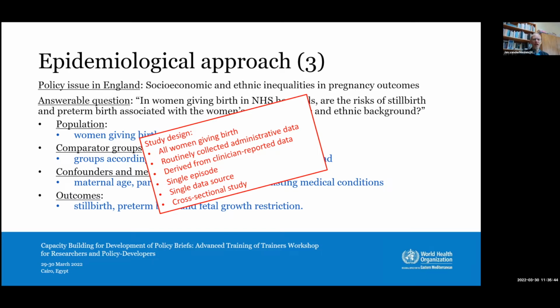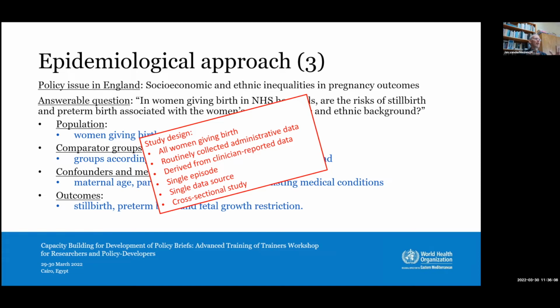So in other words, the question, the data, and the study design need to be brought together. And very often what we see is that a particular policy issue can't be immediately answered, but you can say, if we turn it slightly upside down, or we change the policy issue that we address slightly, then suddenly we can create an answerable question, and we have the data source.